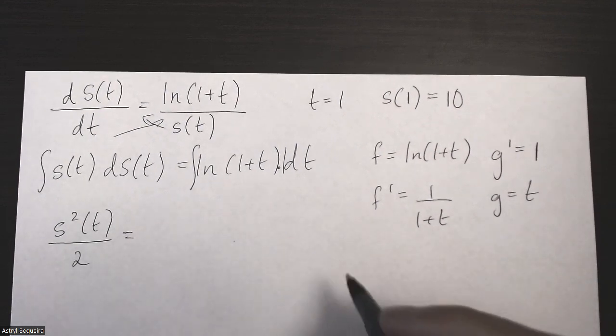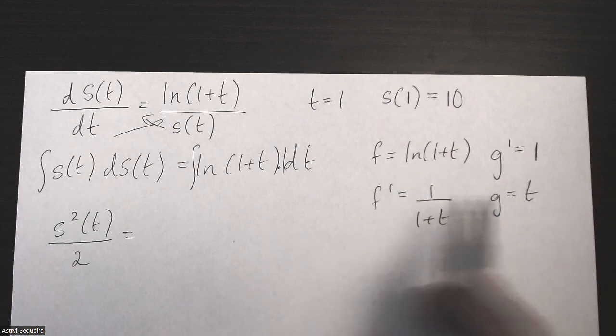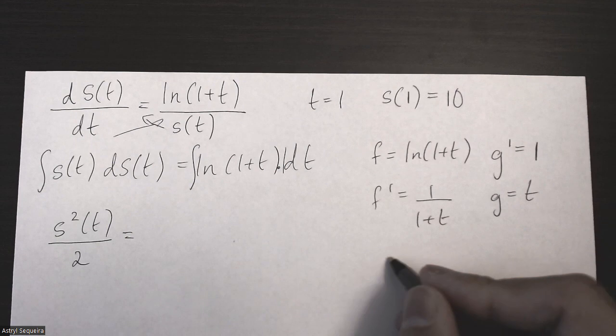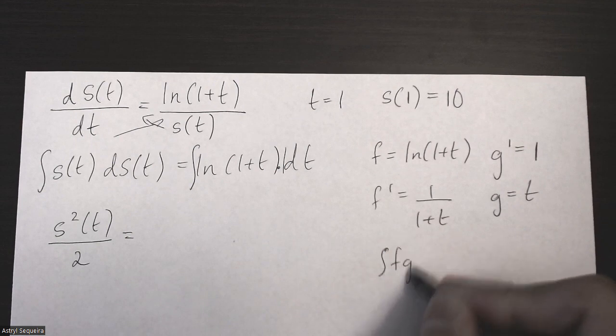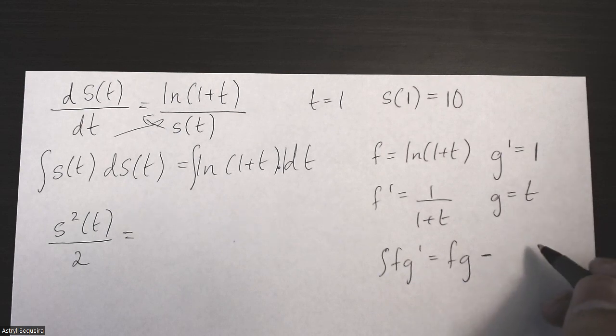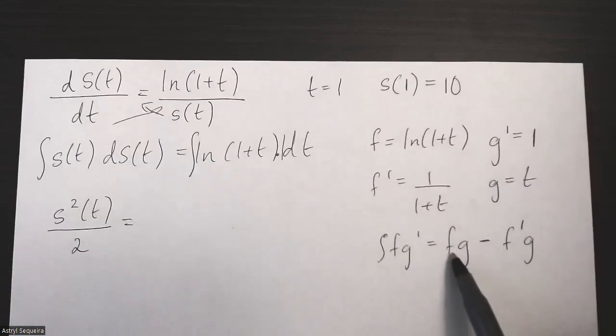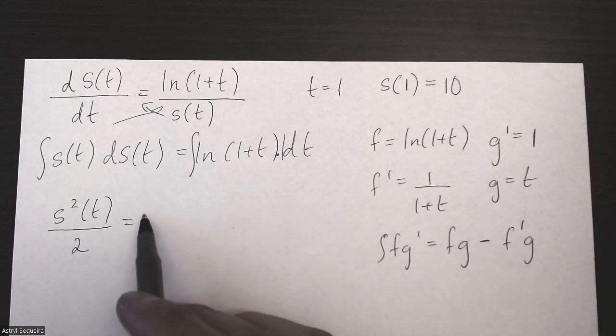So now I'll put in my parts equation. My parts equation is the integral of f g prime equals f times g minus the integral of f prime times g. That's my parts equation. So I'm just going to sub this into this equation over here.